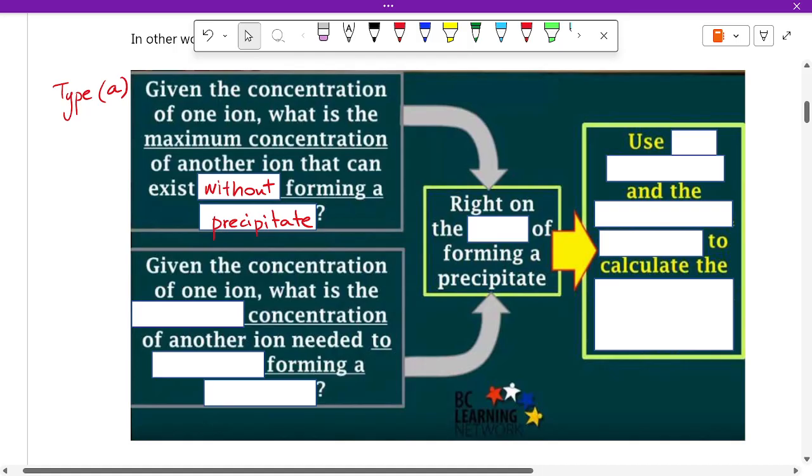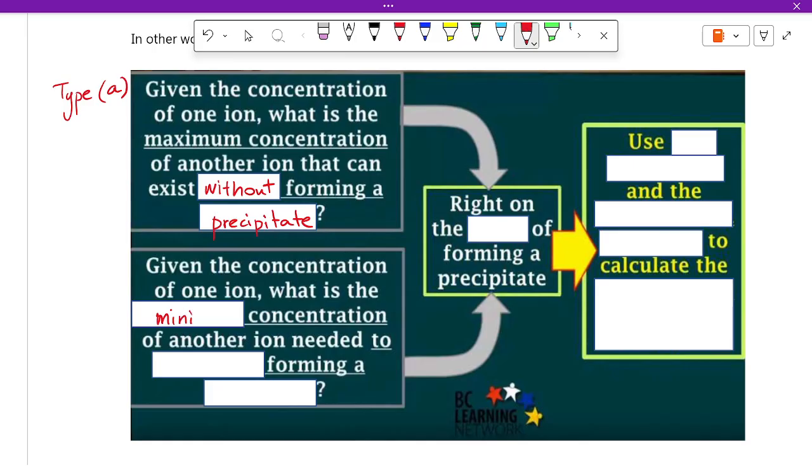Given the concentration of one ion, what is the minimum concentration of another ion needed to start forming a precipitate? So that's type B, but they're solved the same way.